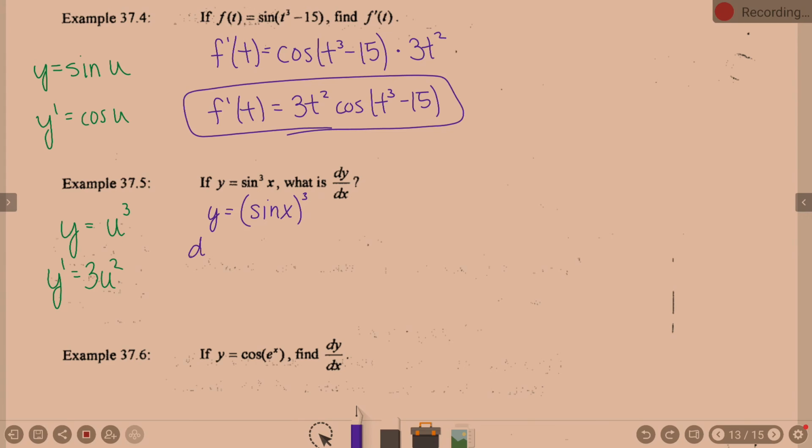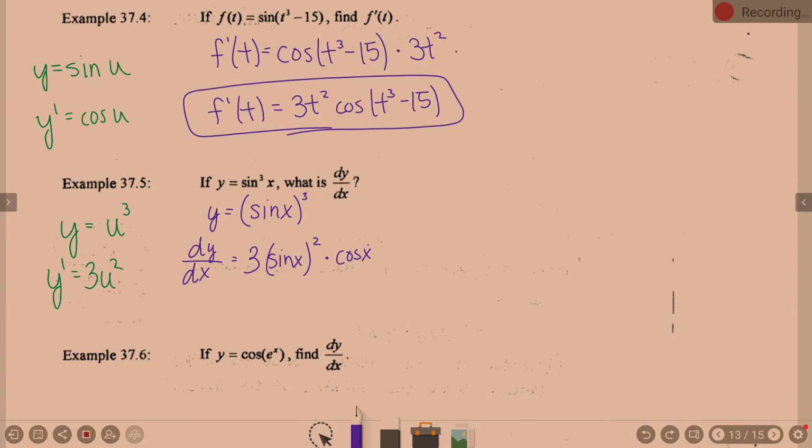They want dy dx. I started to write y prime. Derivative of sine x raised to the third. So derivative of something raised to the third is going to be three times something raised to the second times cosine x, that is.